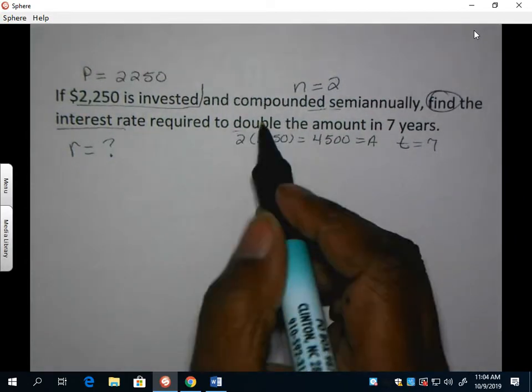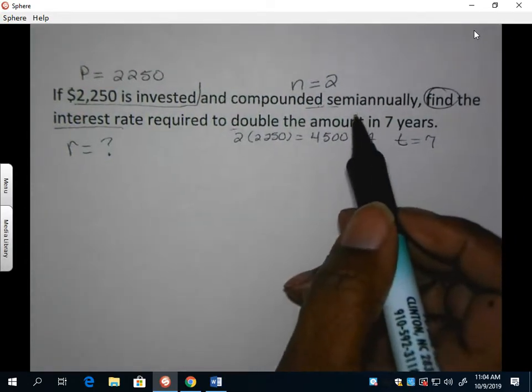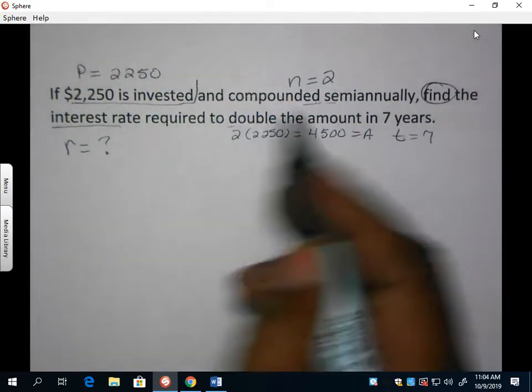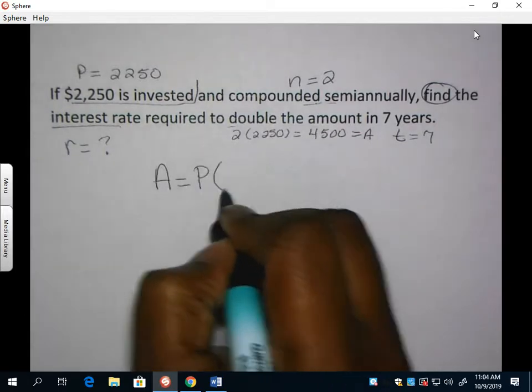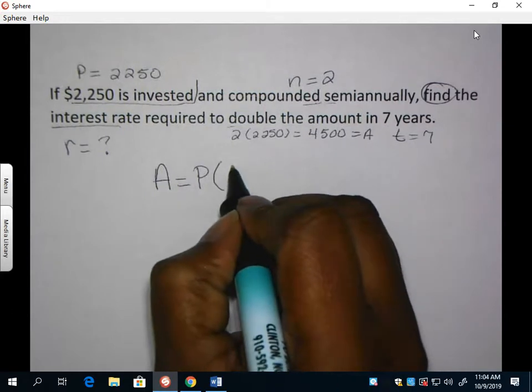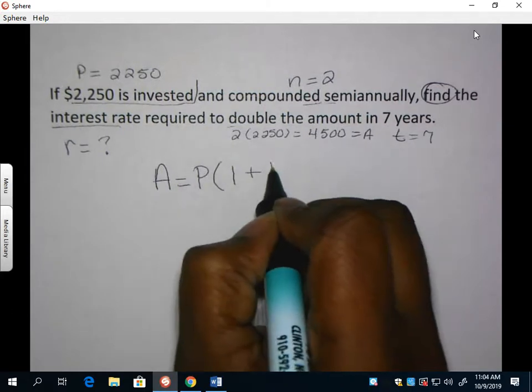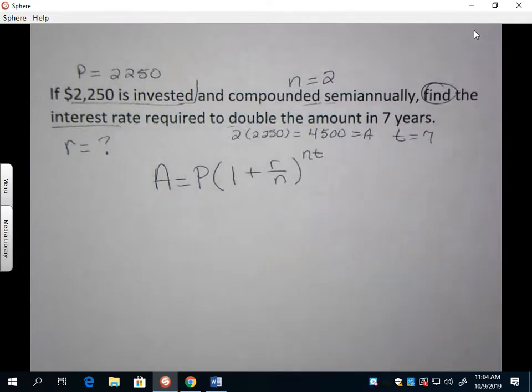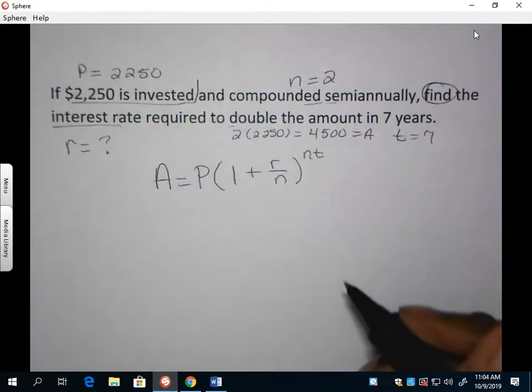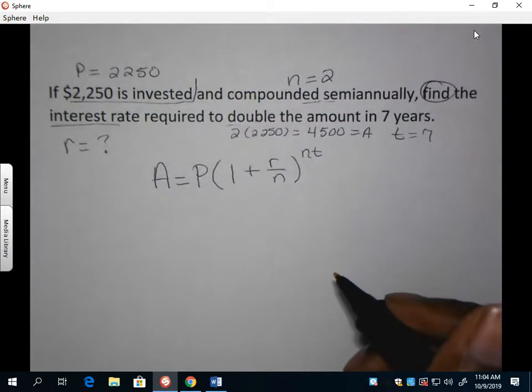So the compound interest formula is A equals P, which is our principal, A is our amount, times the quantity 1 plus R over N raised to the NT. Okay, and so what we want to do is plug in the values that we know.